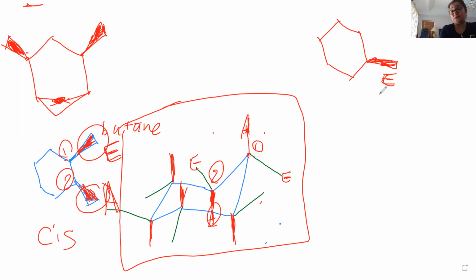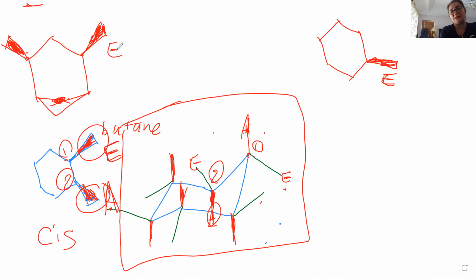And then you look at the position. It's easier. Because these two are the same, you take the first one and say this is equatorial. For the second one, look at the position. If the equatorial for carbon 1 is down, for carbon 2 it is up, and carbon 3 is also down. If the equatorial for carbon 1 is up, for carbon 3 it is also up.